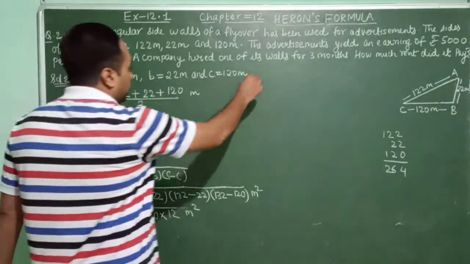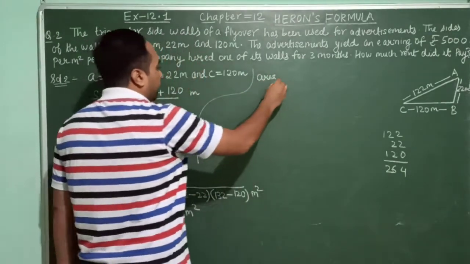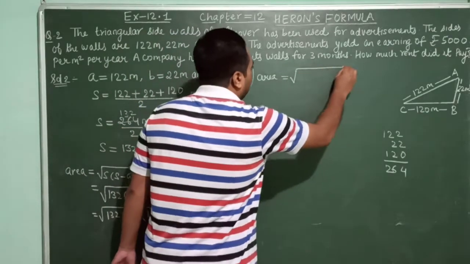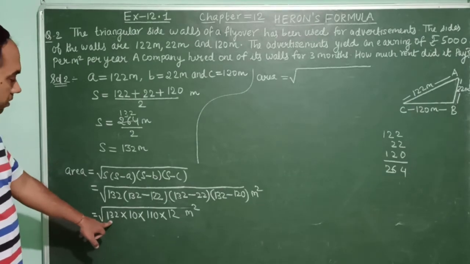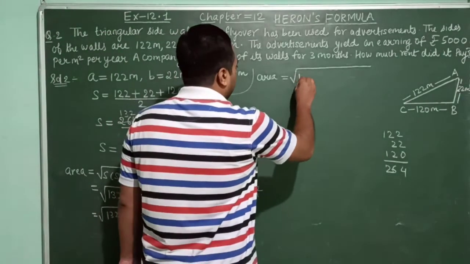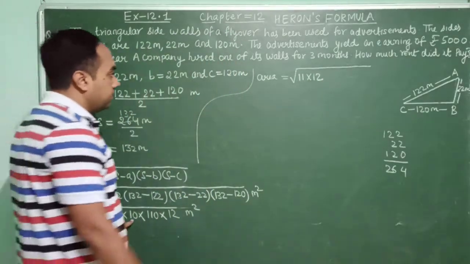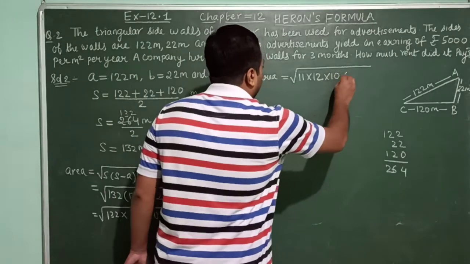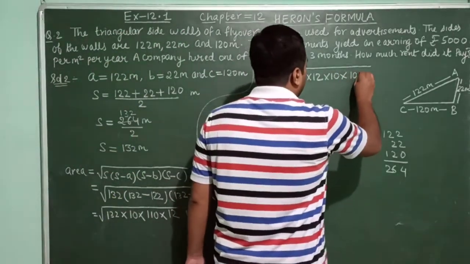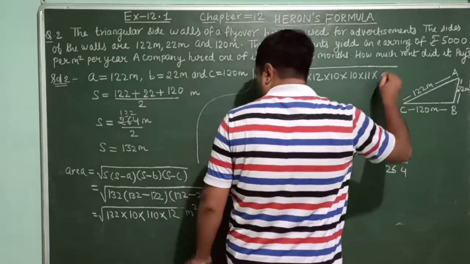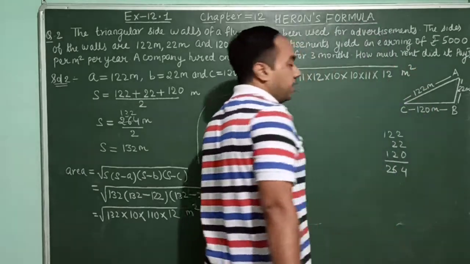So area is equal to square root of, now see, this 132 can be written as 11 into 12. This 10 will be copied as it is. Then this 110 can be written as 10 into 11, and after that 12 will be copied as it is, and outside I am writing meter square.